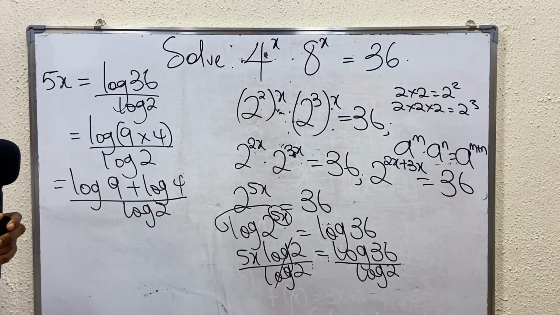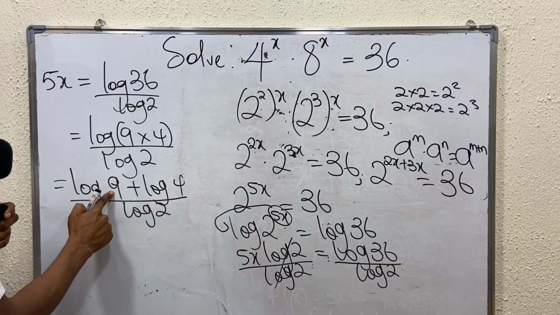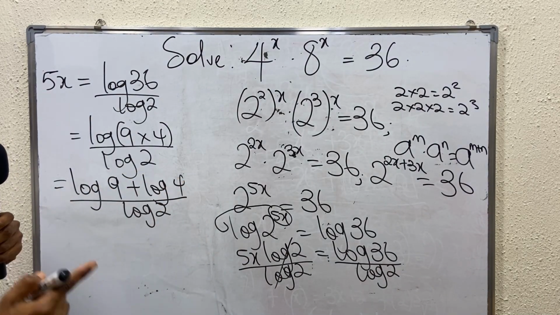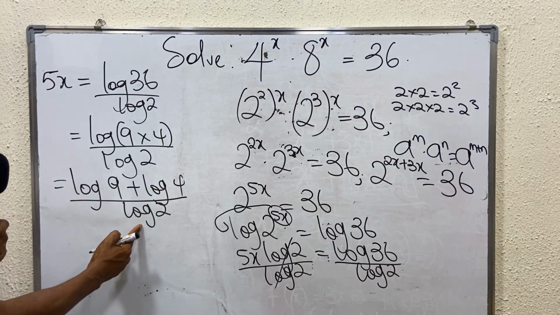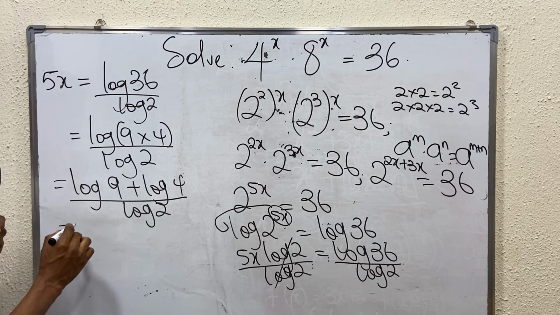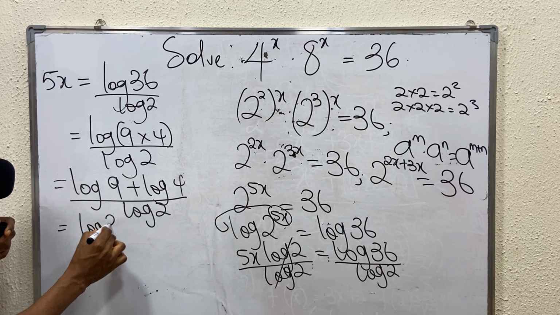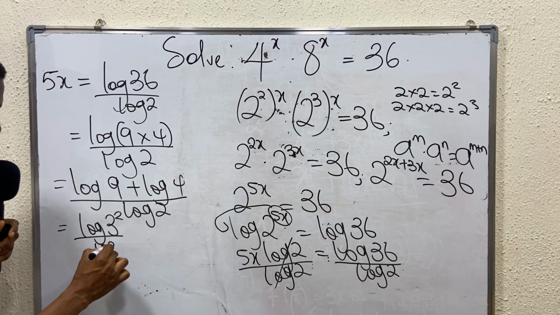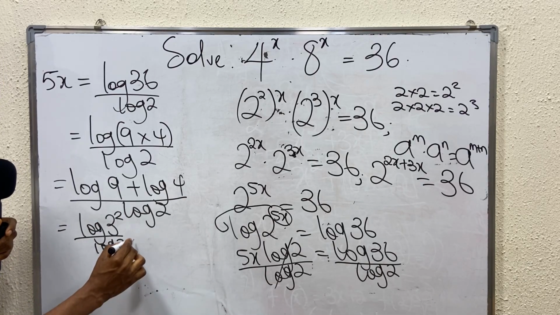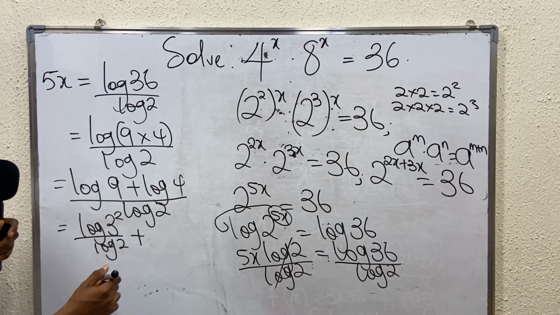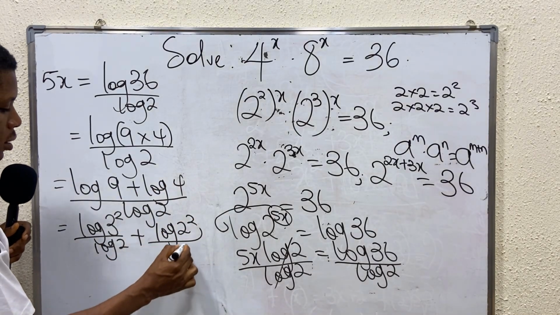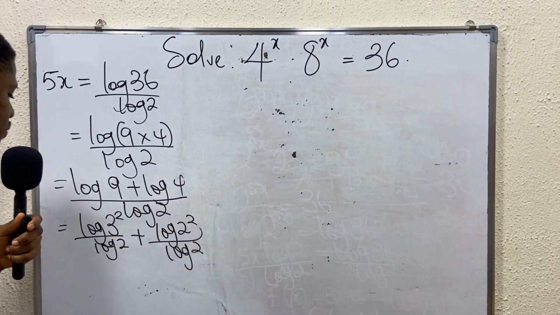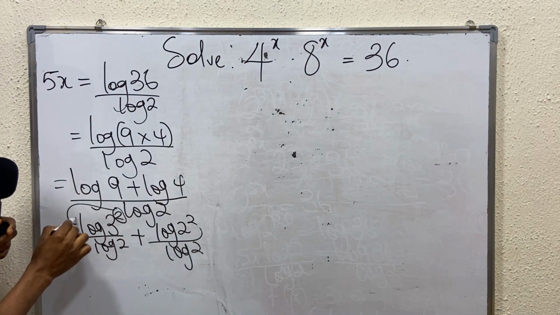Okay? So here, what do you observe now? 9 and 4 can be written as 3 squared for 9, 2 squared for 4. And we can break the fraction down, which will be 5x will be simply written as log 3 squared over log 2, okay, then plus log 2 squared over log 2. So since we have this now, we now multiply this power to the log.